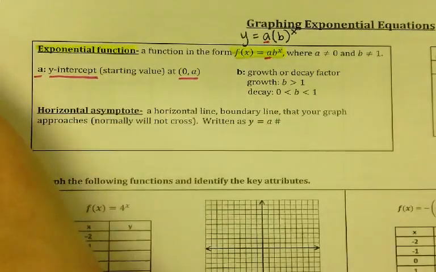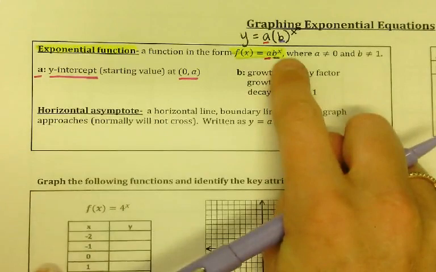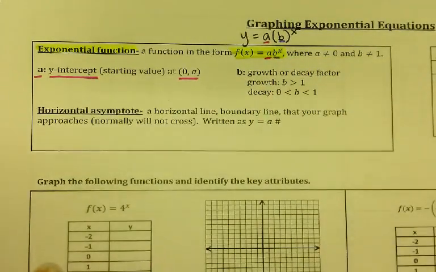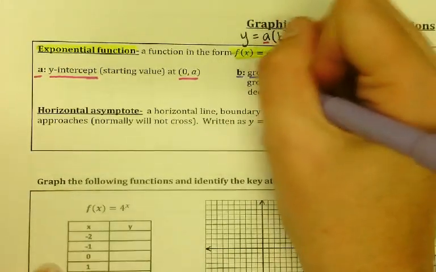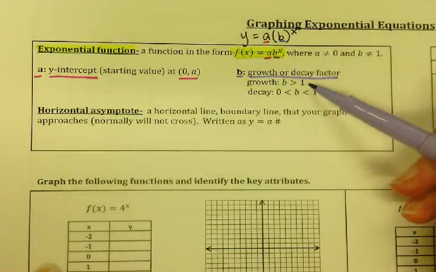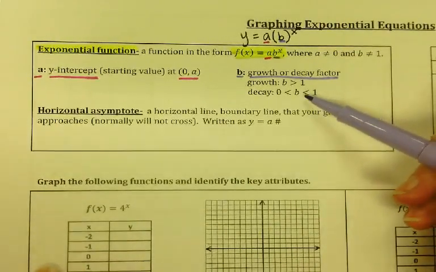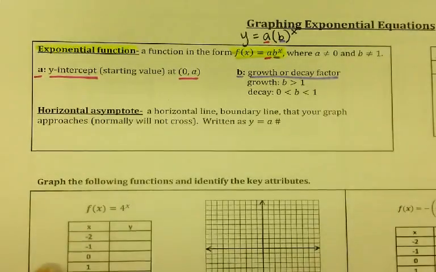Your b value, which is the one inside the parentheses or the one that has the exponent, is known as your growth or decay factor. If b is greater than 1, then it is going to be growth. If your b is less than 1 but greater than 0, then it is going to be decay.